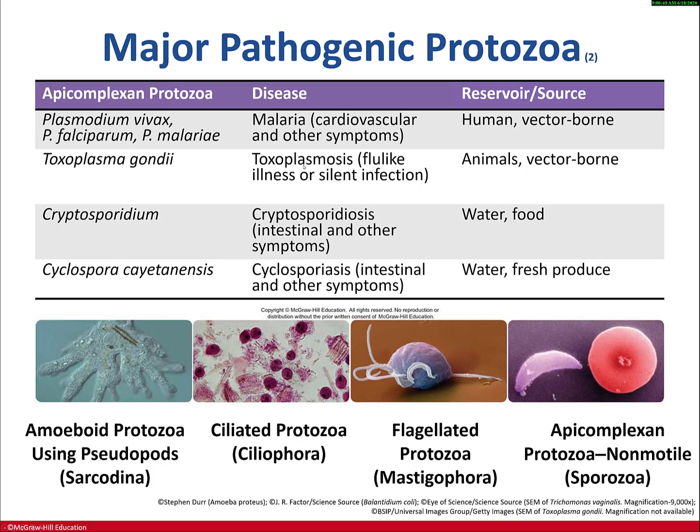Again, you can get this from handling kitty litter, believe it or not. Cryptosporidium, intestinal and other symptoms, from water and food. It can be really nasty. Cyclospora causes intestinal illness. So most of these are intestinal type things transmitted by food, and you can see pictures of some of these down here at the bottom.